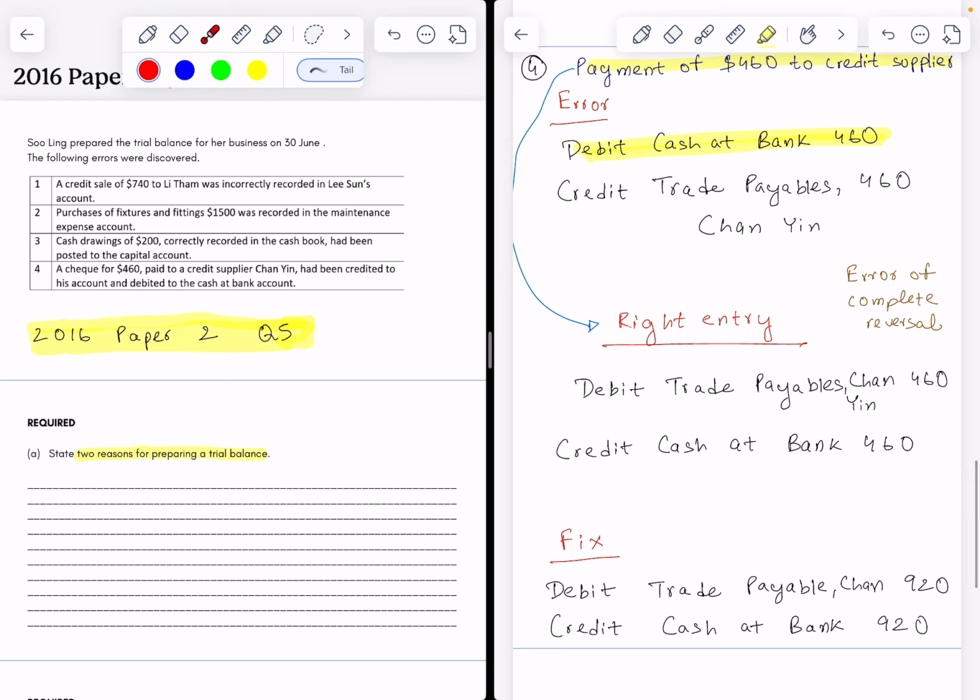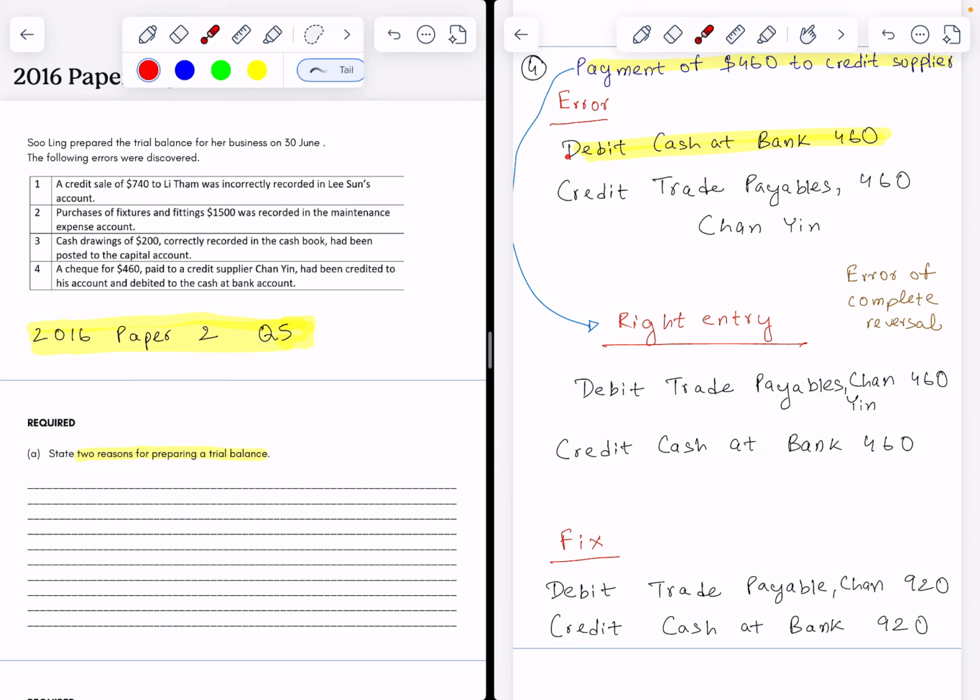If we want to go from debit cashiered bank $460 to credit cashiered bank $460, we need to make sure that we offset the entire $460 of debits that we have got in the cashiered bank account when the error was made. And then we have got some surplus, $460 left behind on the credit.